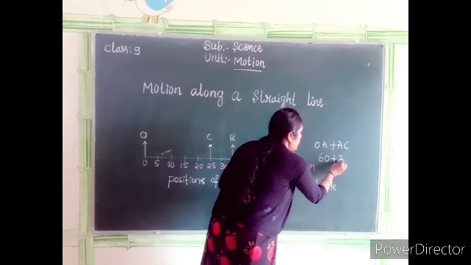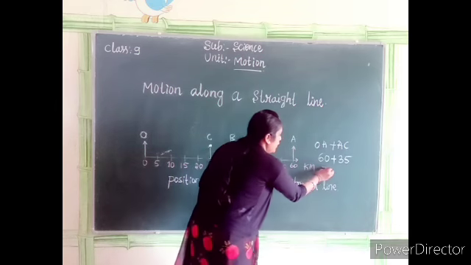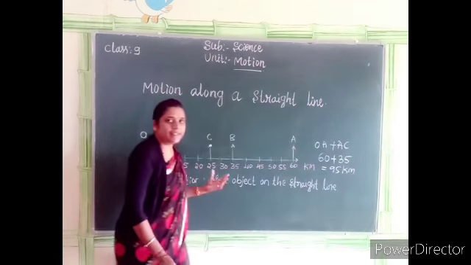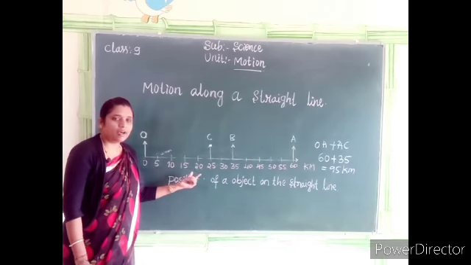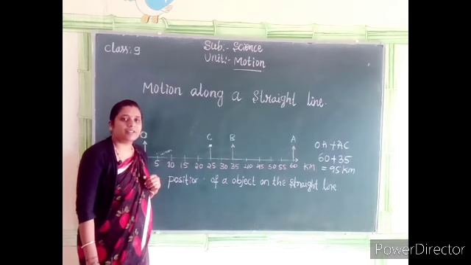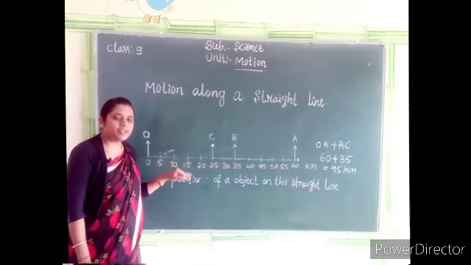AC distance is 35 kilometers. Total is 95 kilometers. So the total distance covered by the object is 95 kilometers.